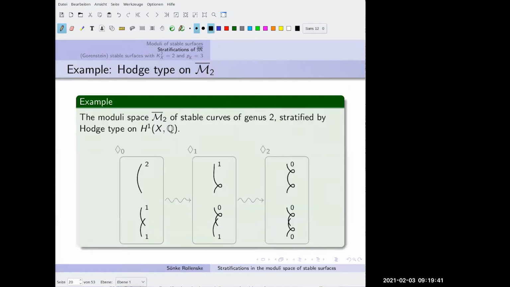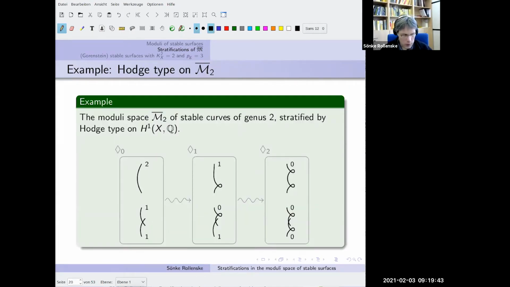Okay, since Mark yesterday explained to us how to compute it, let's look at the moduli space of curves again. So if I just use the Hodge type on H1 this time, my stratification gets a little bit coarser, and I have either the possibility that all the H1 has weight 1.